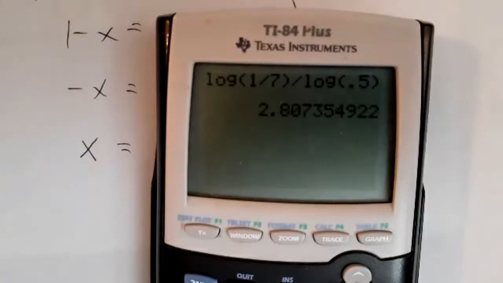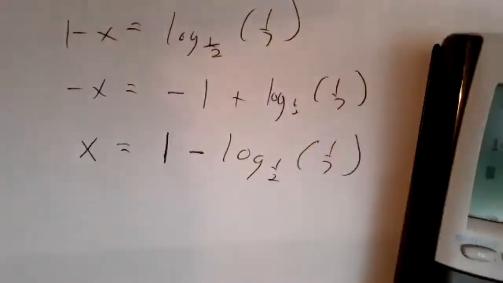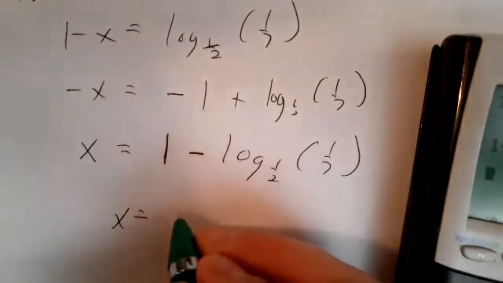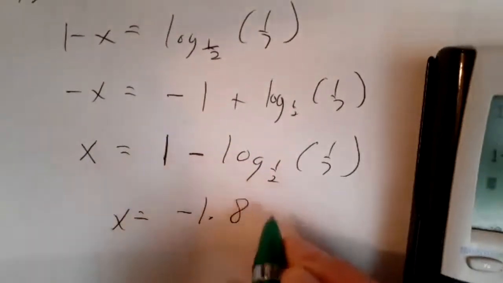And then can I take 1 and subtract something like that? I think they're trying to get you primed to do multiple steps in your calculator with something like this. So x is equal to negative 1.807.